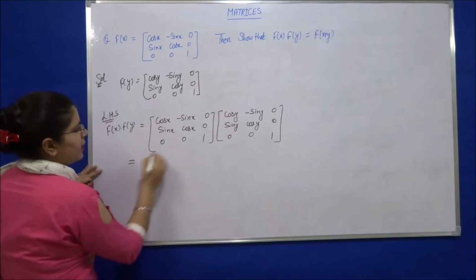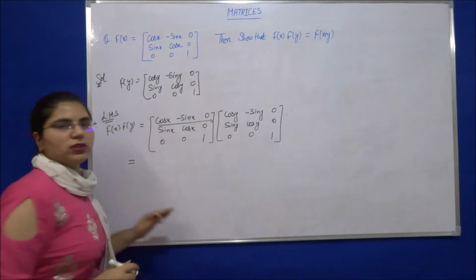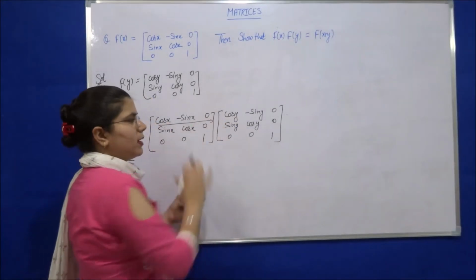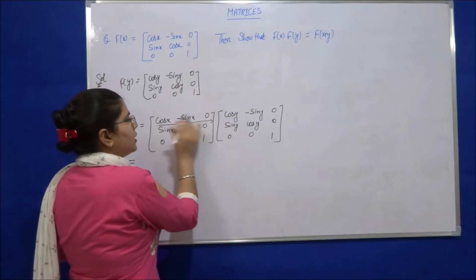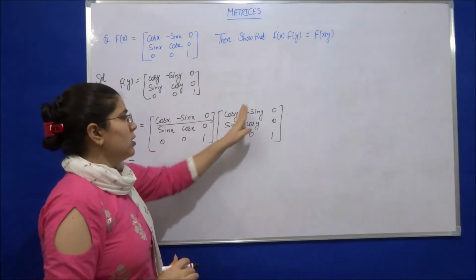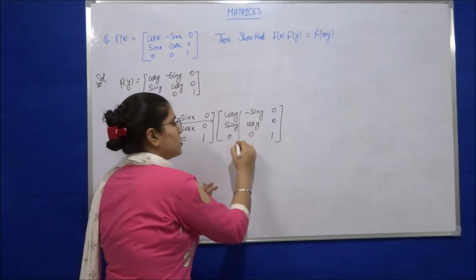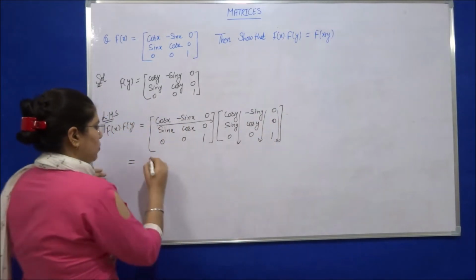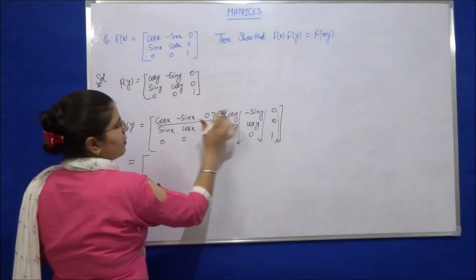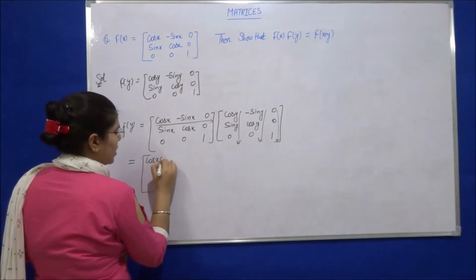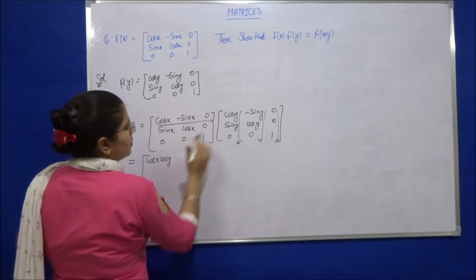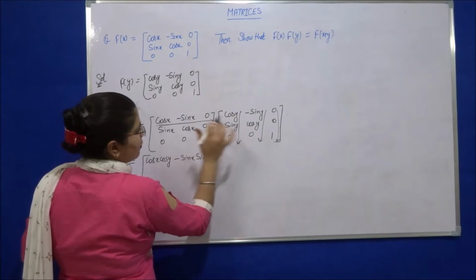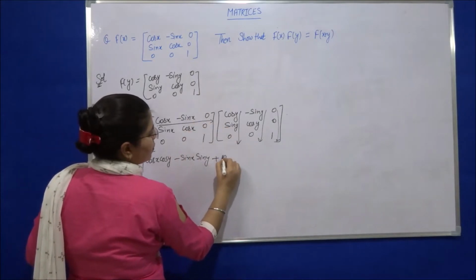Now we will multiply. For the multiplication of two matrices, as we discussed earlier, we multiply the corresponding elements of the first row with the elements of the first column first of all, and after that with the second column and third column respectively. First of all, cos x will multiply with cos y, so it will be cos x cos y minus sin x sin y plus 0 multiplied by 0, which is 0.